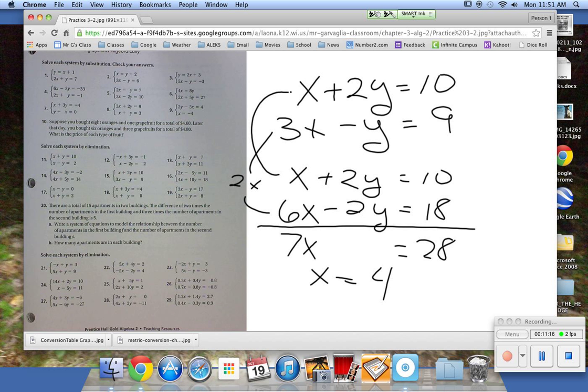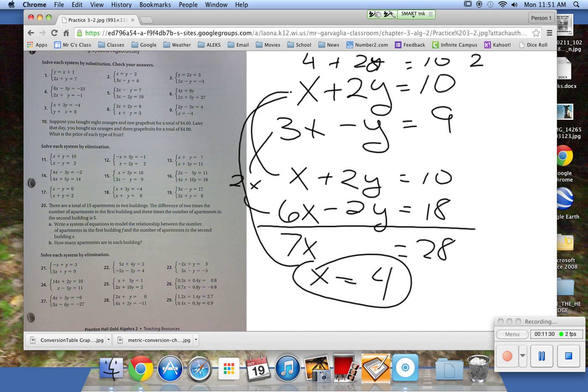Okay? And if x equals 4, I could plop this back in either one of these to be able to figure it out. And I could say 4 plus 2y equals 10, 2y equals 6, y equals 3, to be able to figure out what my y is. So now I'd have my y equal 3 and my x equal 4.